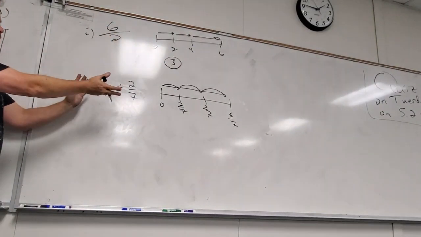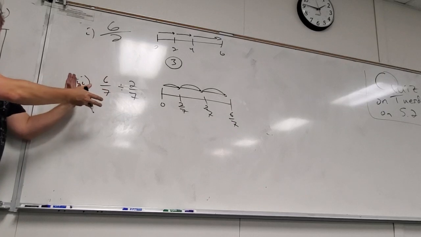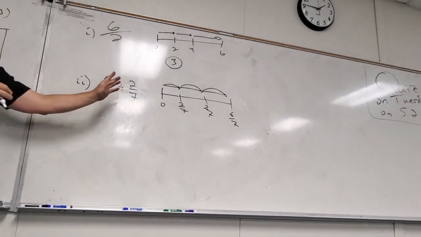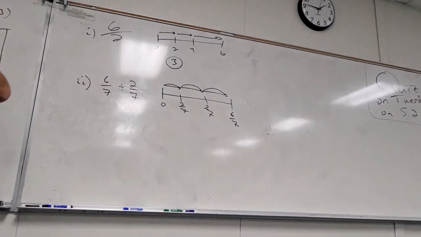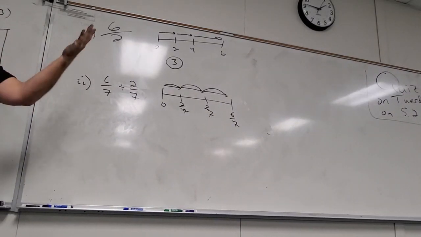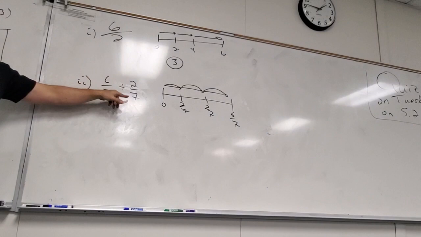Does anyone understand that that is a special case? This fraction is really easy to do, right? Because it's just like 6x divided by 2x. Well, that's 3. 6 of these divided by 2 of these is 3.